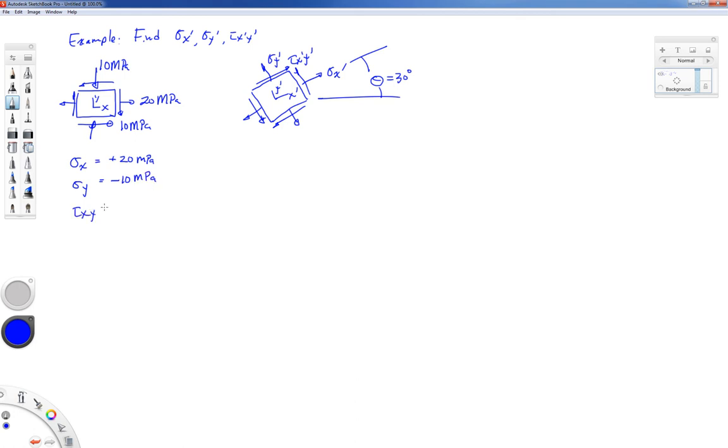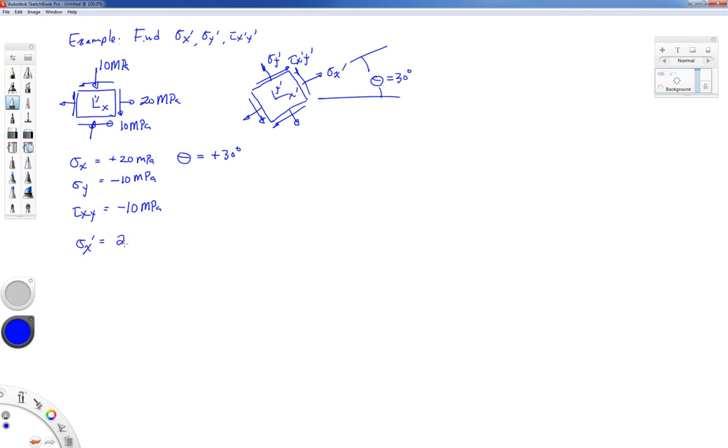Tau xy will be a minus 10 megapascals because if you notice it's pointing in the negative y direction on the positive x face. And then our angle theta, since it is counterclockwise, will be plus 30 degrees. So all we need to do is first find our sigma x prime.